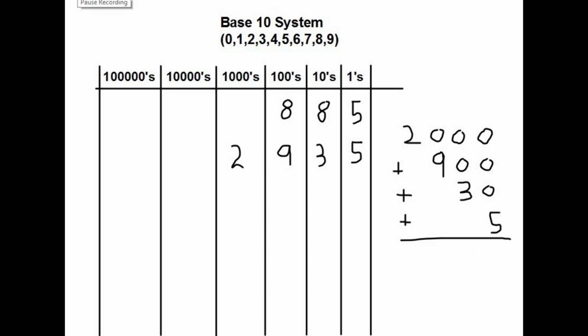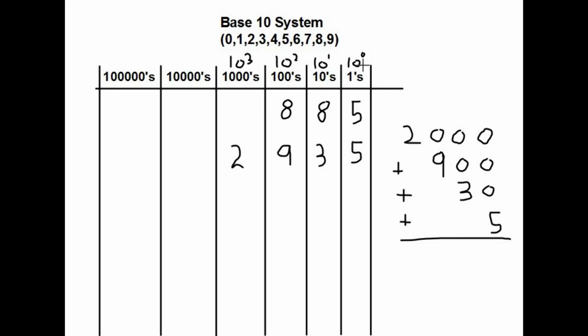What I've shown you so far in the base 10 number system works exactly the same for binary or octal or any other number system, with the differences being the amount of digits we have and how the place value changes. In the base 10 system, it will change in an exponential manner like 10 raised to the power 0, 10 raised to the power 1, 10 raised to the power 2, 10 raised to the power 3, and so on.